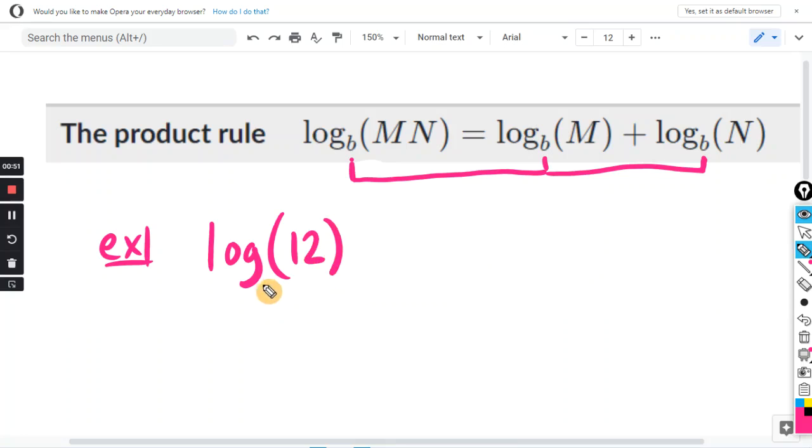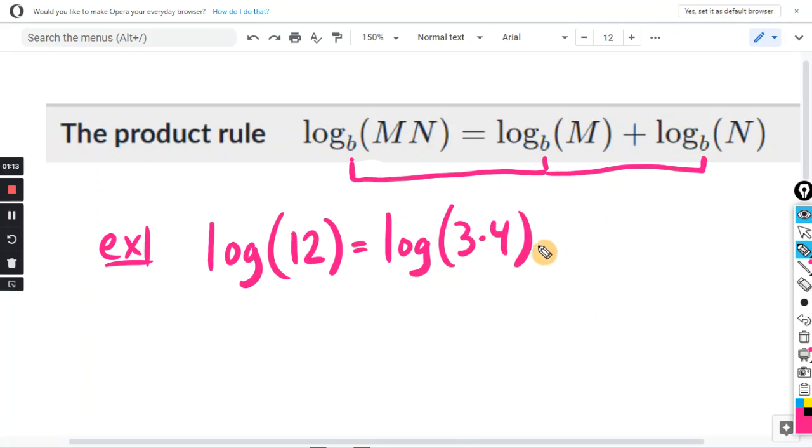And just by the way, if you don't write a base number here, it's automatically base 10. So the one on your calculator is base 10 when you press the log button. Anyhow, the log of 12, that's actually the same as the log of 3 times 4.